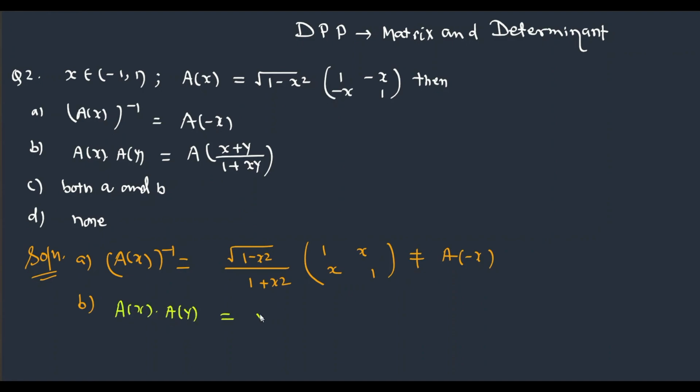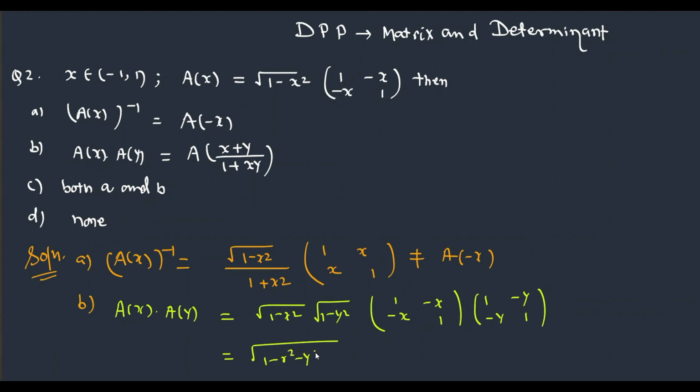A(x) value is root over 1 minus x square, and A(y) is root over 1 minus y square. Now the matrix form: 1, minus x, 1, and in case of y: 1, minus y, 1. So now it is root over of 1 minus x square minus y square plus x square y square, and the matrix will be what?